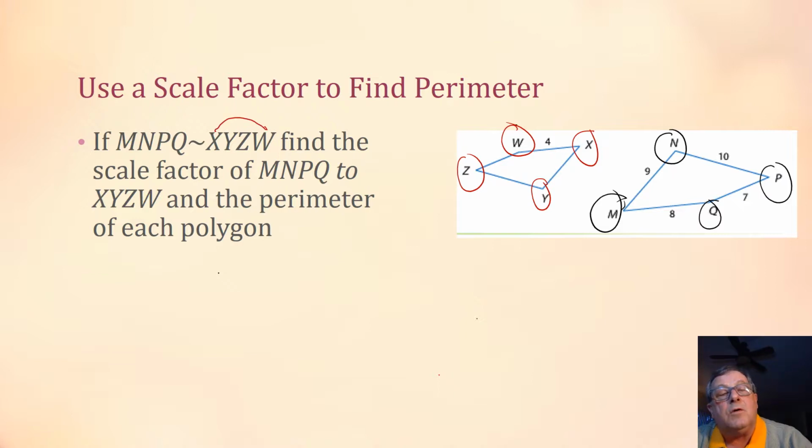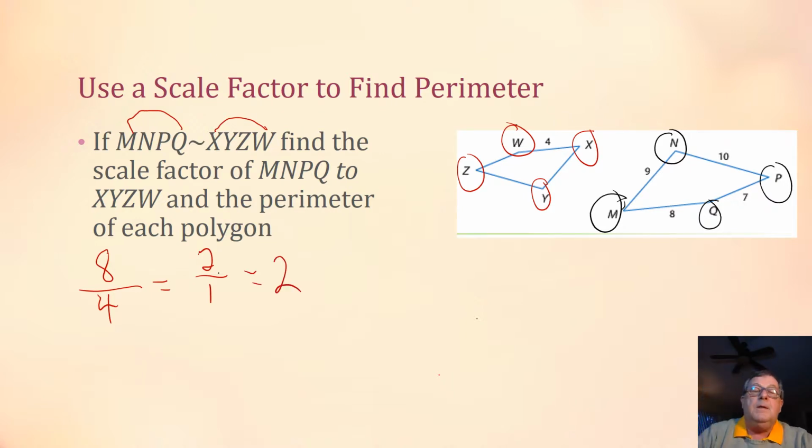And so that's going to correspond to the side QM on the second polygon, or really the first polygon, if in fact they are similar. So the measure of QM is 8, and the measure of WX is 4. So I can use that to find a scale factor. We could reduce that to say just 2 over 1 or just 2.